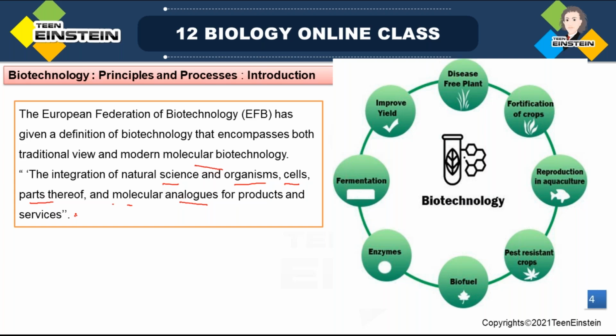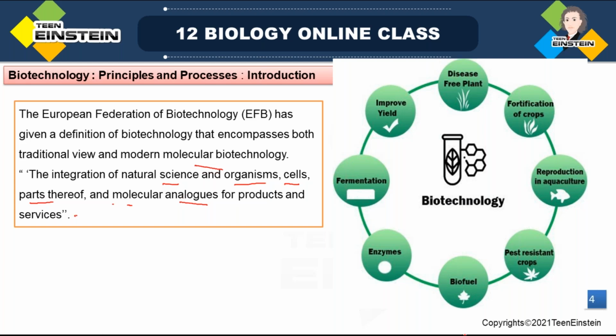So what all can we use this biotechnology for? To improve yield and disease resistance, for fortified crops, reproduction in aquaculture, pest resistant crops, biofuel, enzymes, and fermentation for improved yield.